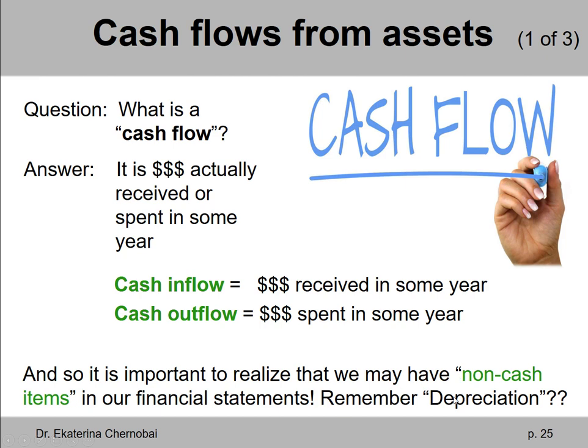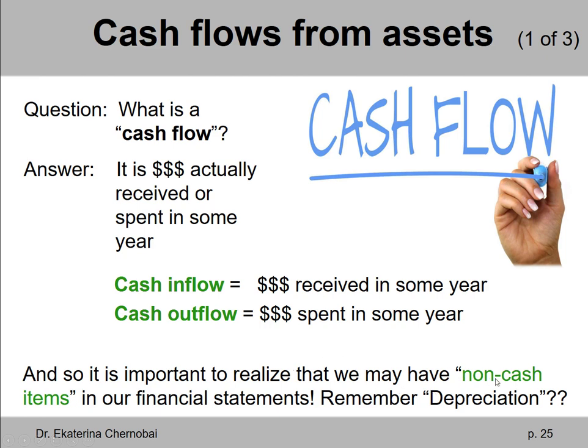So we cannot call it a cash flow. Depreciation is not a cash flow. It looks like a cash outflow, but we do not actually spend it. We only need to use it as if it's a cash expenditure, so that we can calculate our taxes correctly.